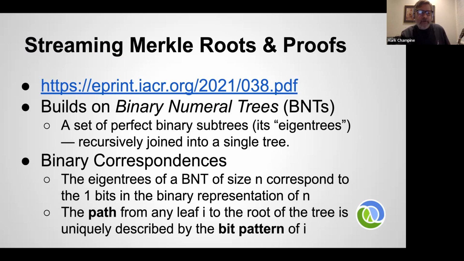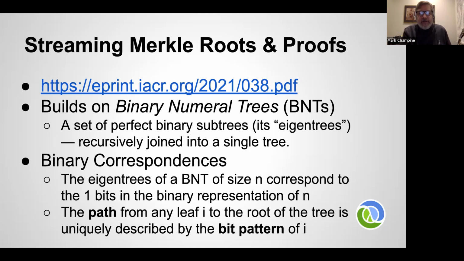And that's kind of what I was describing as a typical approach to building a Merkle root, this recursive joining. So the observation in this case is that these subtrees of a given size correspond to bits in the binary representation of the number of nodes or the position of a node within the tree, depending if we're talking about constructing a root or a proof.